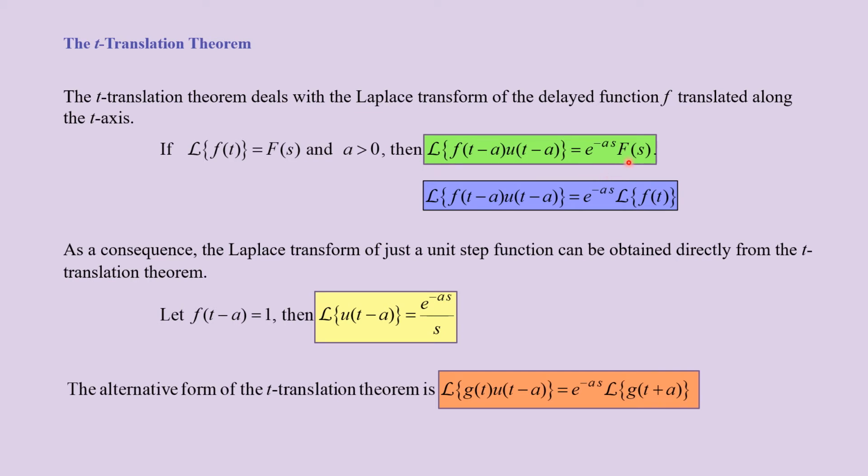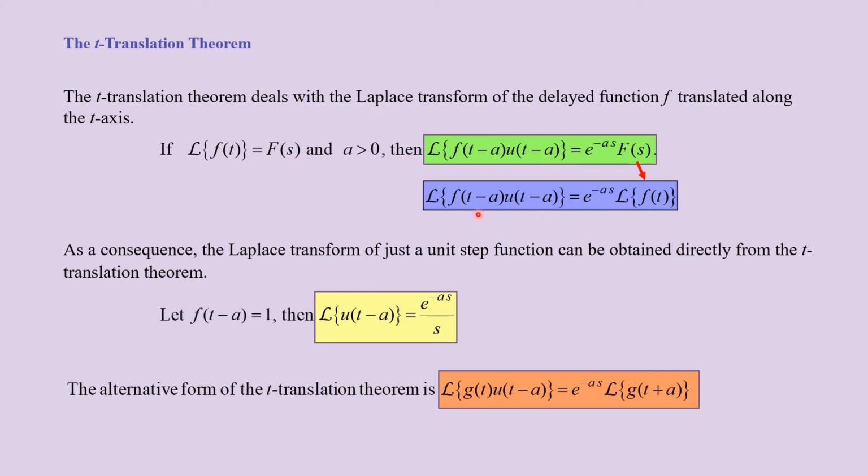But we know that F(s) is the same as the Laplace transform of f(t). So this theorem says that the Laplace transform of f(t − a)u(t − a) can also be evaluated by finding the product of e^(−as) with the Laplace transform of f(t).